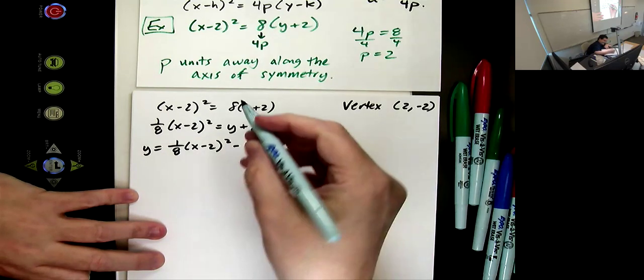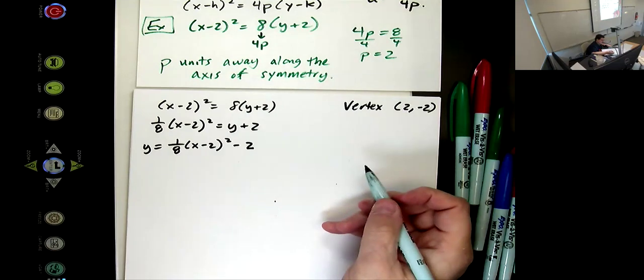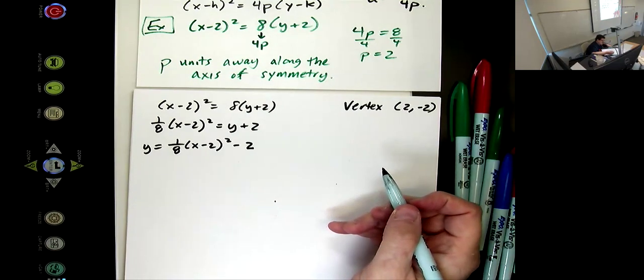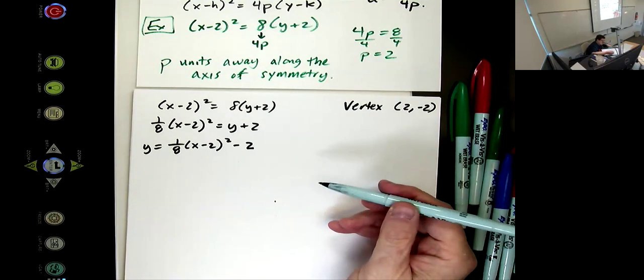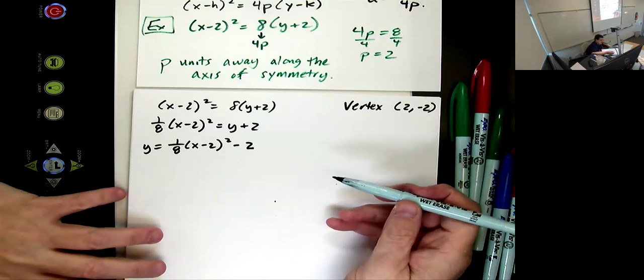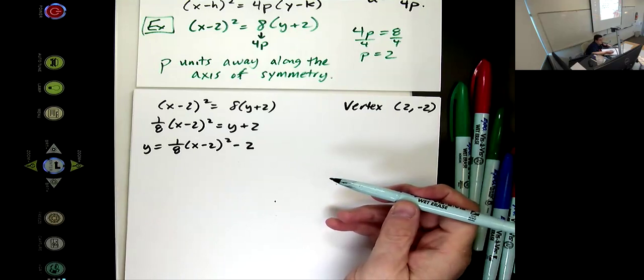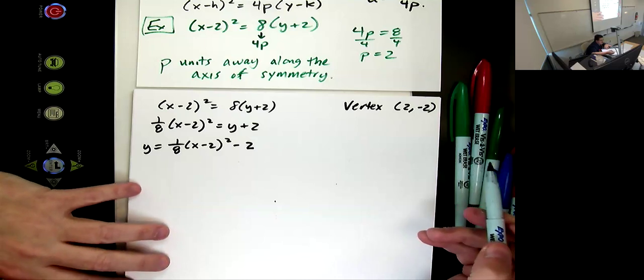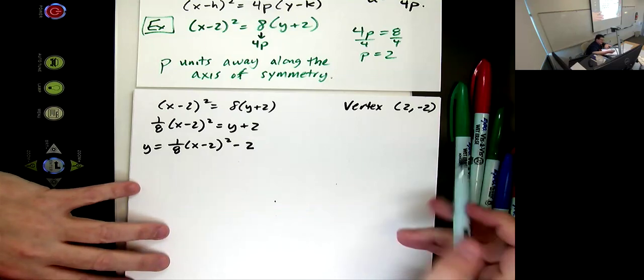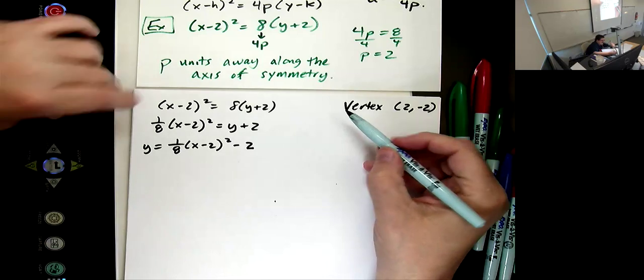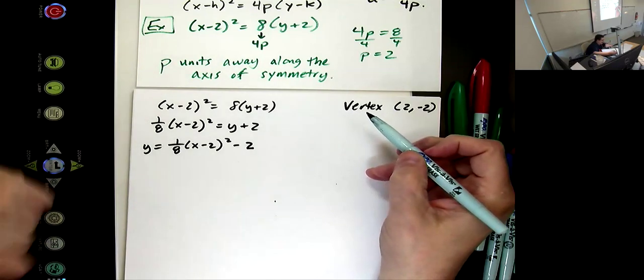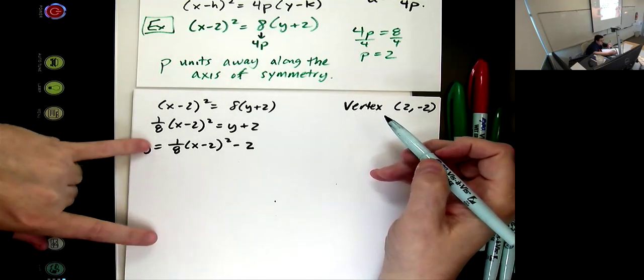I divided by 8 correctly. So it's better, right? It looks more natural that way. But I want to help you to pick out the 4p. I want to start in the right form. Well, our next one, we'll start in this form and go the other way.